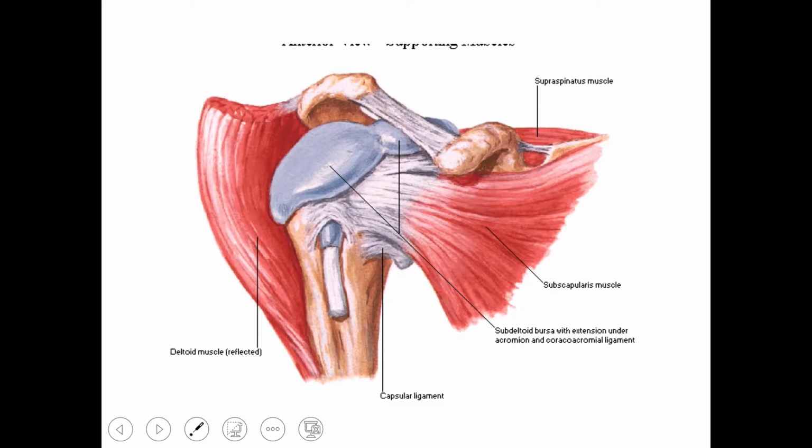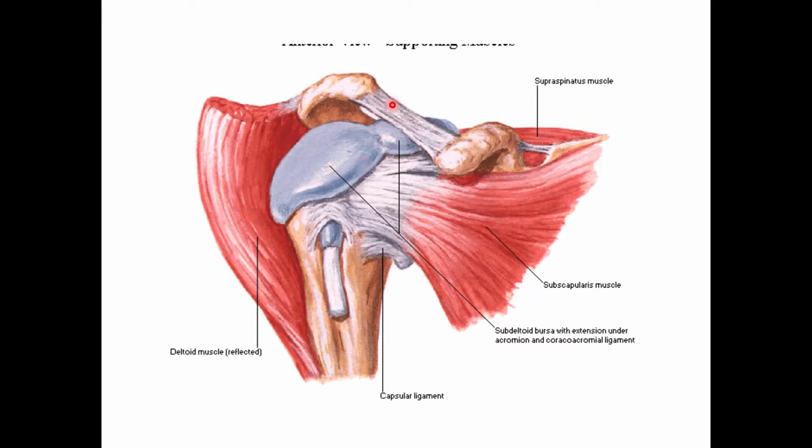In this picture we can make out the important bursa which is seen beneath the deltoid, which is called the subdeltoid bursa. The extension of the subdeltoid bursa beneath the coracoacromial arch is itself called the subacromial bursa. So this bursa is also hidden deep to the deltoid muscle.